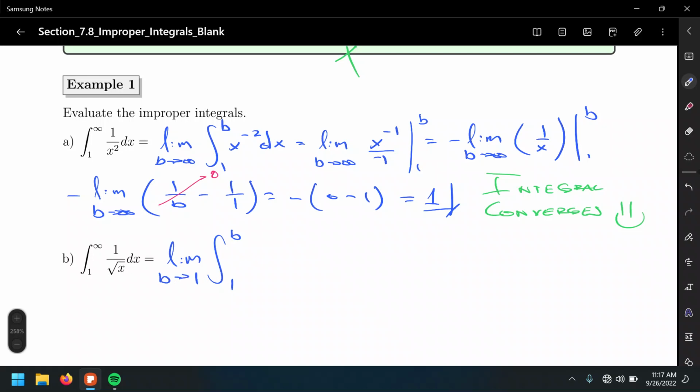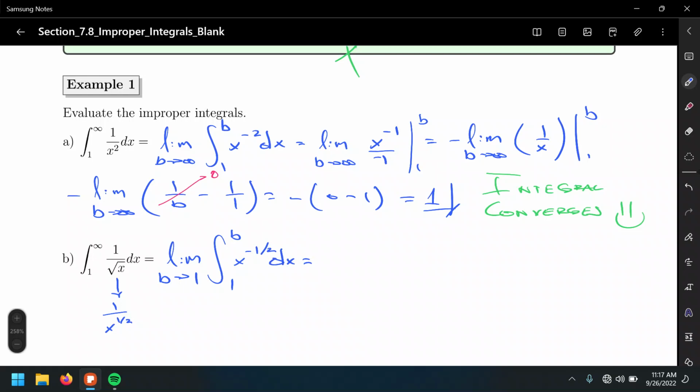And I'm going to write this 1 over the square root of x first as 1 over x to the 1/2, and then I'm going to move this x to the 1/2 in the denominator as an x to the negative 1/2 in the numerator, so we can integrate, because just like this we can't integrate it. So the integral of x to the negative 1/2, what do we do?